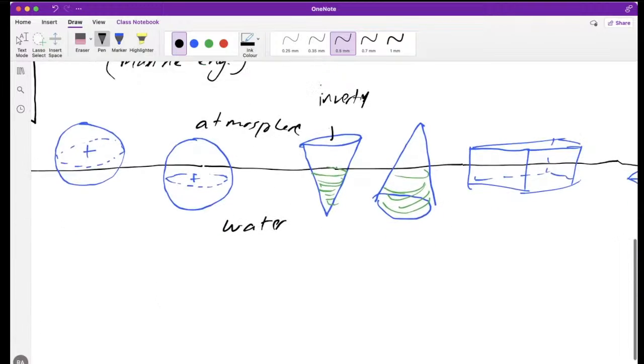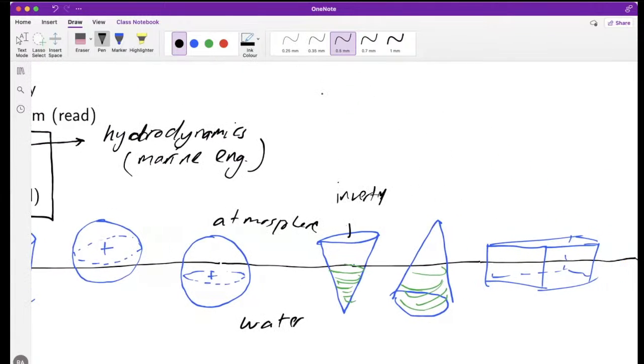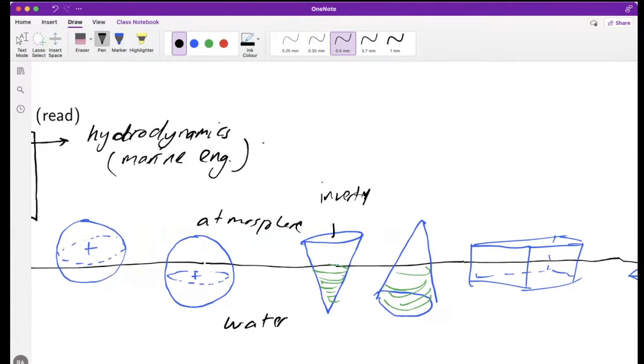I didn't mention it here, but the main point is to look for what we call buoyancy.